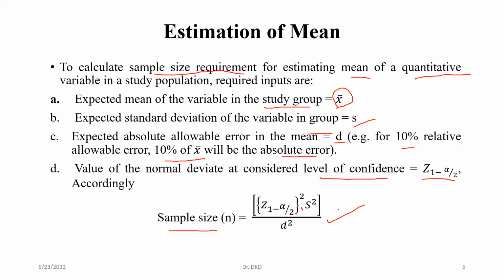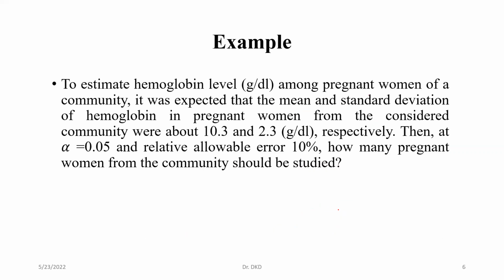So now we have one example of how to calculate the sample size. For example, to estimate the hemoglobin level among pregnant women of a community. Suppose we are going to collect data from a particular community, and in that community the hemoglobin level for pregnant women is reported.